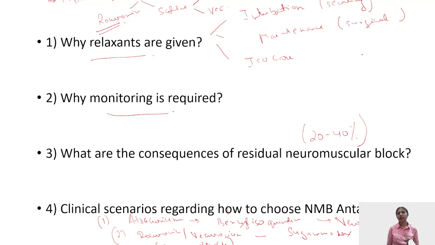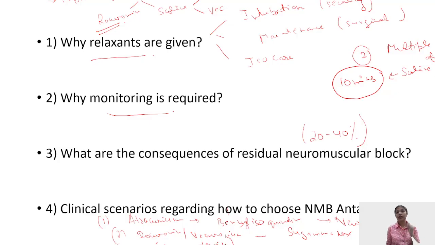And third could be that the patient had been given multiple doses of scoline, and now the patient is not coming out of the scoline, because the duration of action of scoline is hardly 10 minutes. But even after a lot of time, the patient is not coming out of the relaxation that the scoline has given. So please think that the patient has undergone a phase 2 block, and now the patient is going to require a reversal agent.